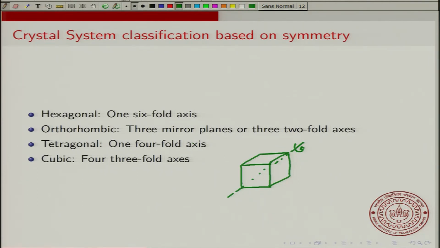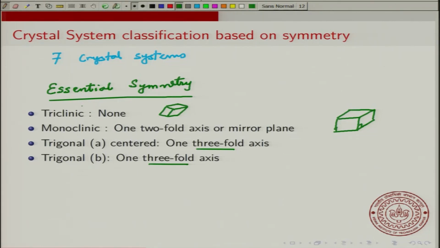All right. Now we will see that this way of looking at crystal systems is actually quite efficient, and this helps us identify the space groups. Let me emphasize once again that the essential symmetry is basically what is essential. For triclinic, nothing is essential.